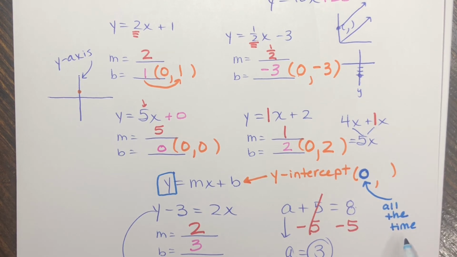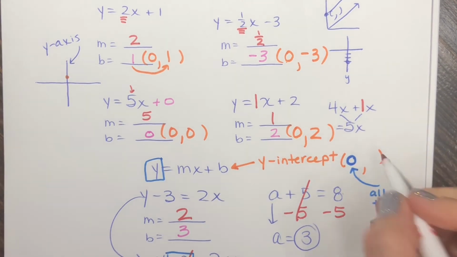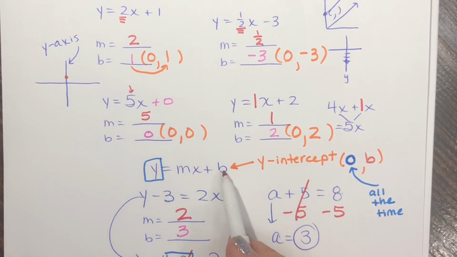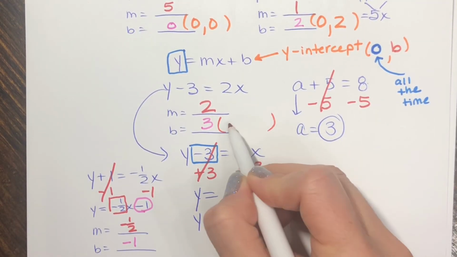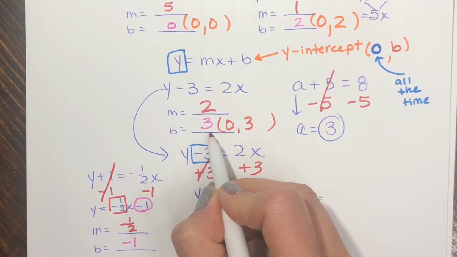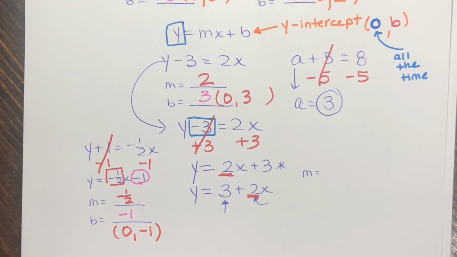Every single time you are telling me where does it start on the y-axis? Well, it starts at 0, comma, and then whatever that number is. So down here, this one would be 0, 3. That's where I'm going to begin. This one here would be 0, -1. Okay? And so right now we just needed to be able to identify m and b from an equation.